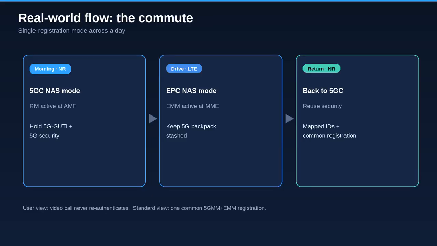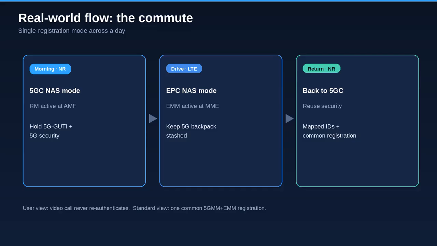Let us walk a commute in single registration mode. Morning, you are downtown on NR, registered to the 5G core through an AMF. Your phone is in 5G NAS mode. One registration management state is active. You hold a 5G GUTI and a live 5G security context.